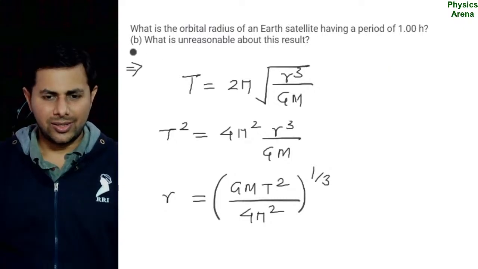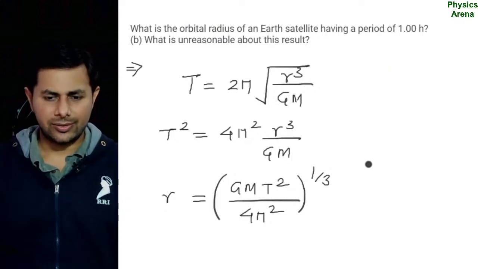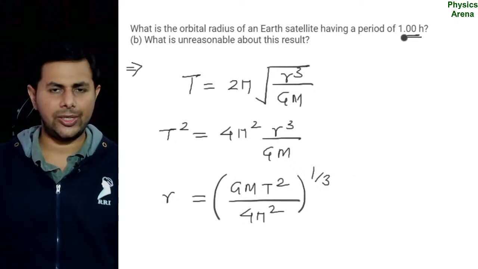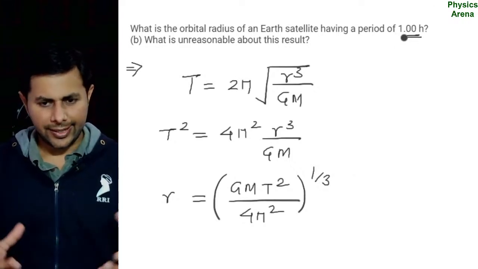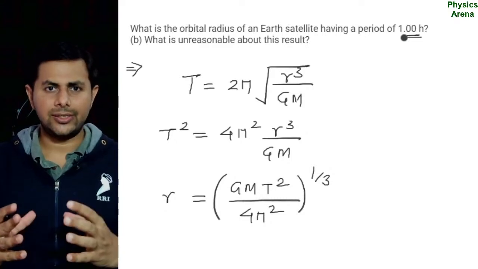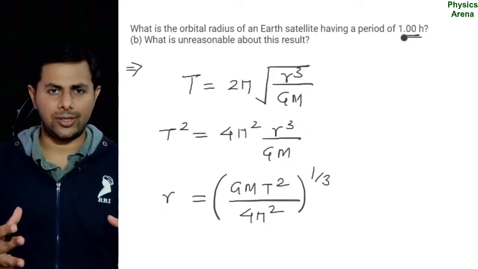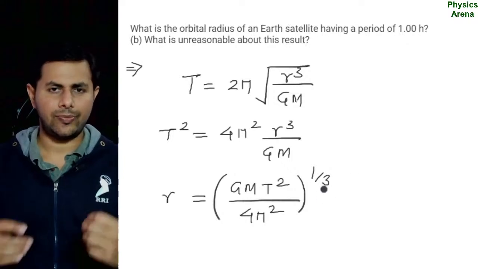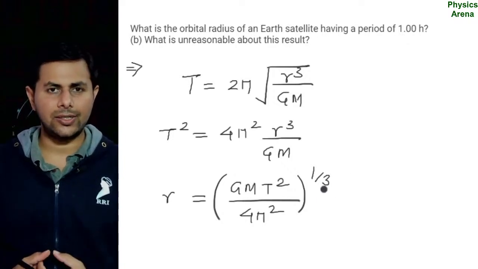So what is unreasonable about this result? You will get some result, and since this time period is very small, I guess the radius will be smaller than the radius of Earth. Okay, so you just plug in the values and find the answer.